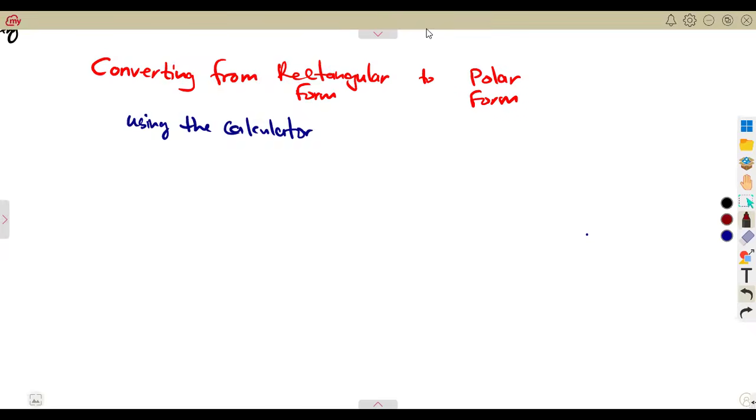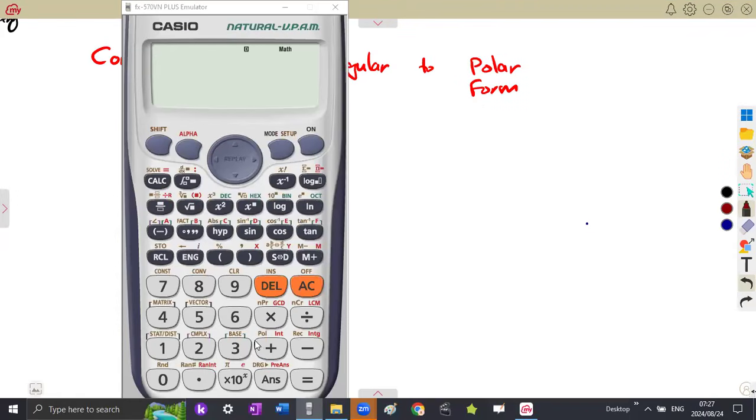You have this button. If you check on this plus on top there, it is written pol. That is the polar form. This is a conversion to polar form.